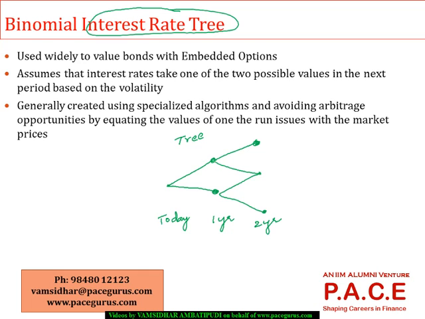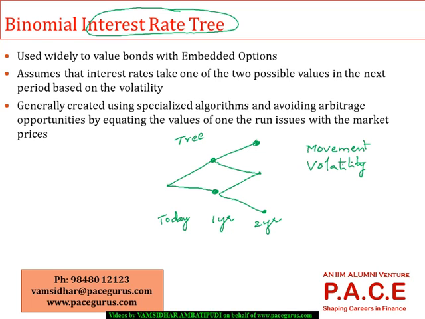What is that understanding? It is based on what the movement of interest rates in the future would be, and what the volatility of interest rates in the future could be.